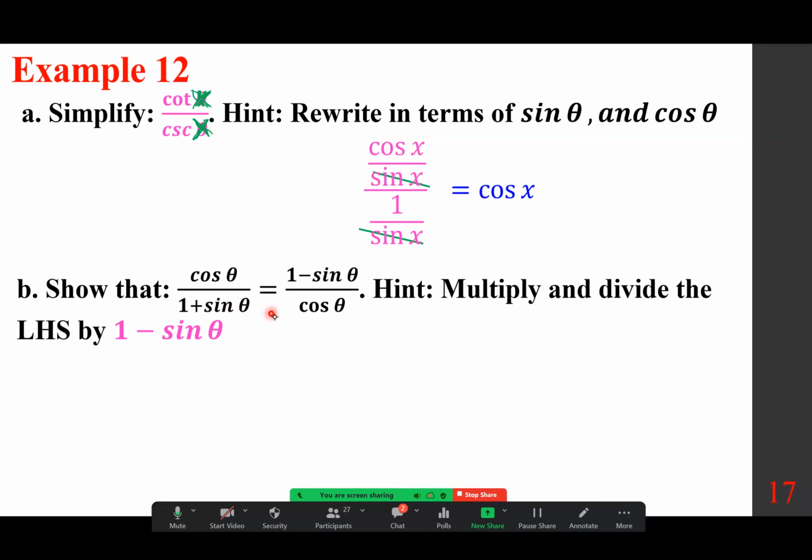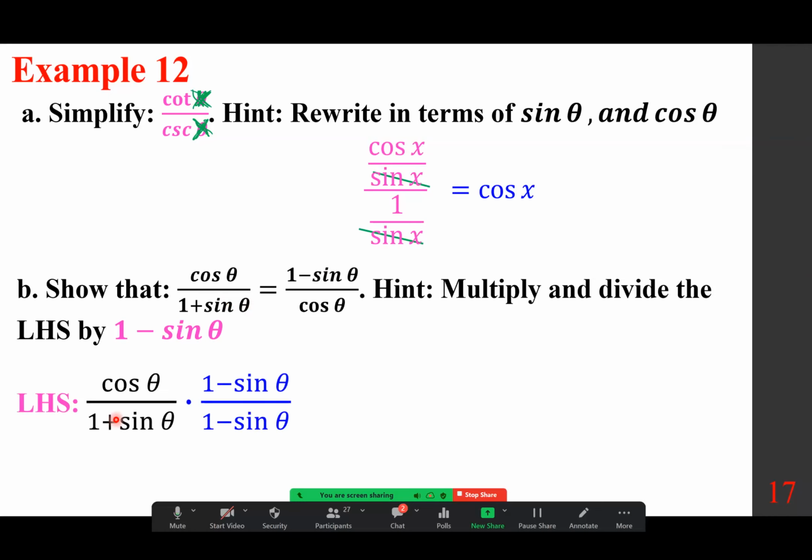So you can start with one side. Obviously, at this point it really doesn't matter which one you start with, okay? So if we start with the left-hand side and we multiply by 1 minus sine theta over 1 minus sine theta, the numerator is just the product of the two. The denominator, 1 plus sine theta and 1 minus sine theta, their product is 1 minus sine squared theta.